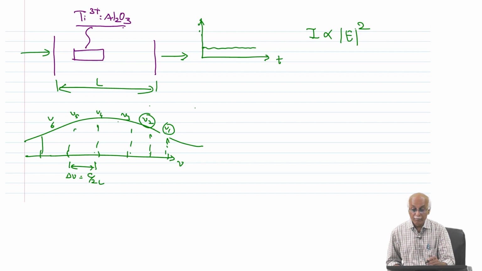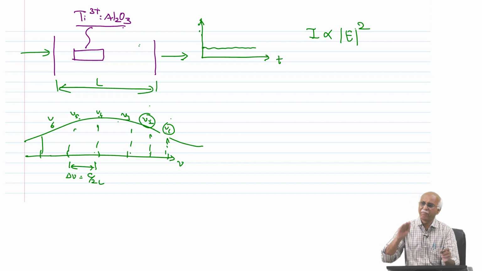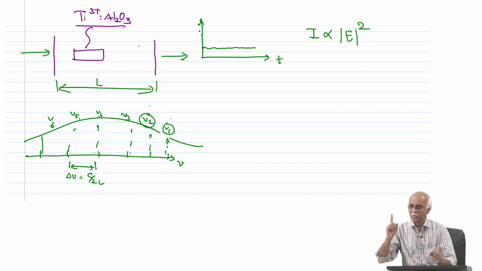However, if we control the cavity in such a way that all these modes, nu 1, nu 2, nu 3, or lambda 1, lambda 2, lambda 3 wavelengths, all these wavelengths which are emitted have the same phase at a particular point, same phase, all modes.